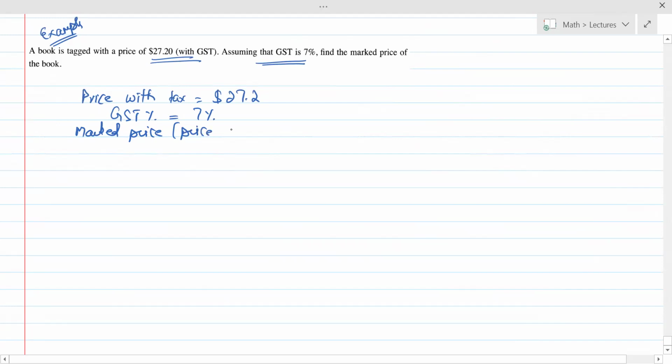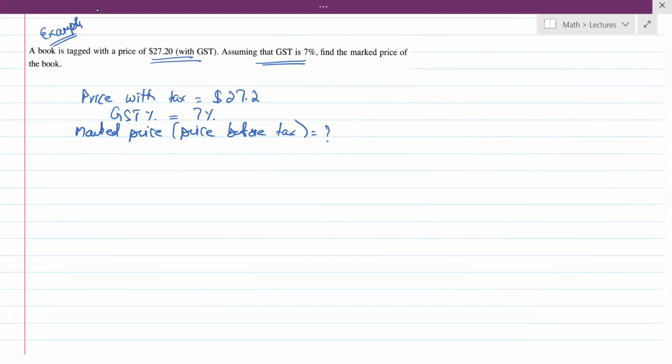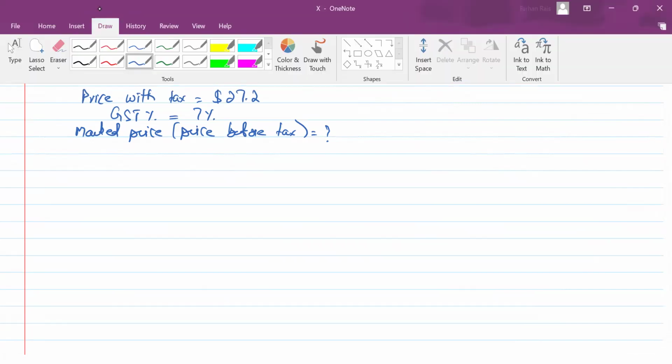Price before tax. This is something we need to find. So here again, we can go for the ratio method, keeping in mind that price with tax, or price including the tax, is an increased price for us.